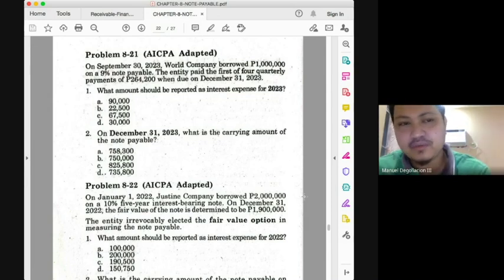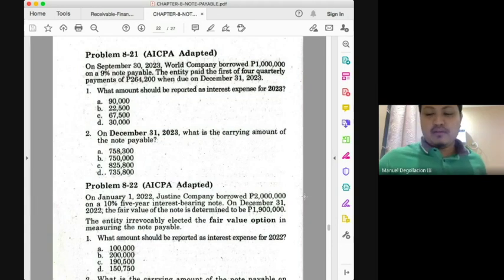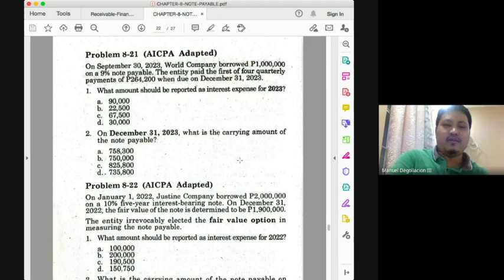You deduct the 22,500 from 264,200, and then you would get the portion that is payable to the principal. You deduct that from the principal of 1 million, you would get 758,300. Okay. It's similar to the amortization problems we have discussed earlier.